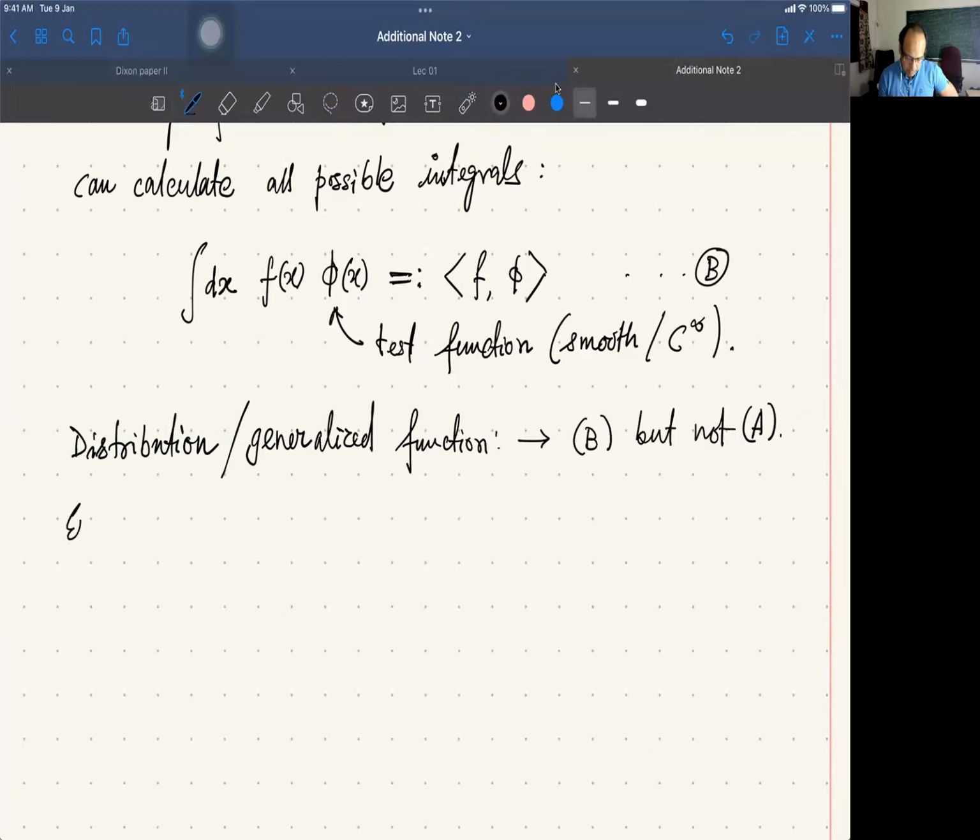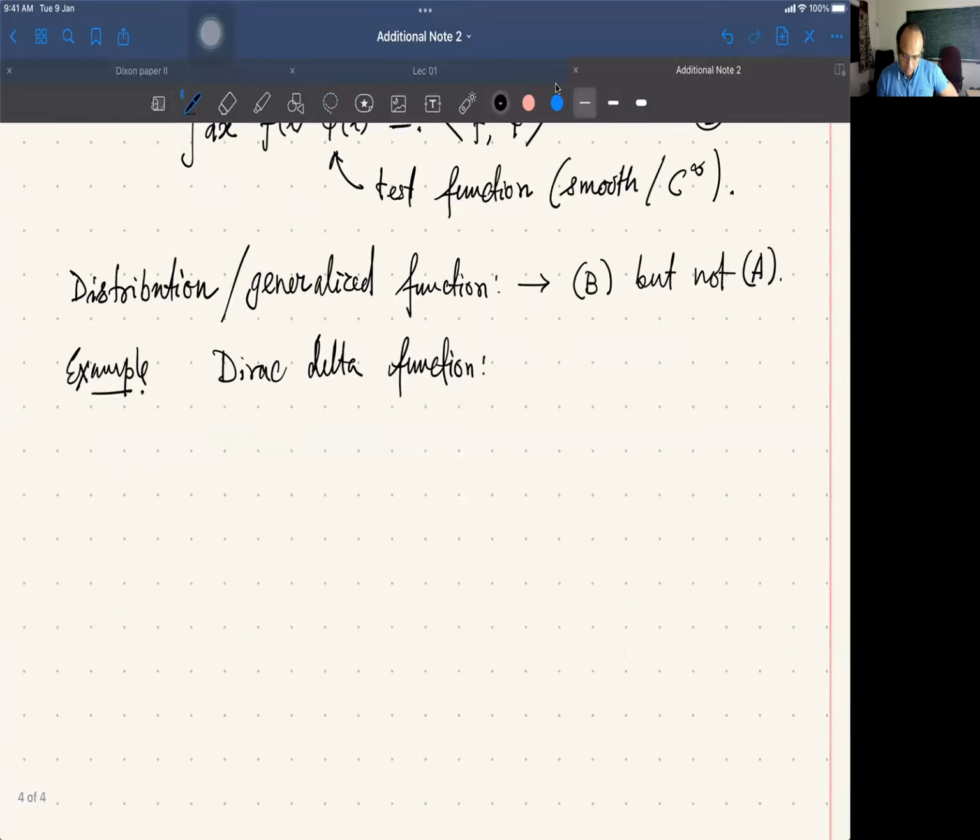So an example is the Dirac delta function, for which the result is given by integral dx f(x) phi(x), sorry, where your f(x) is the Dirac delta function and phi(x), and the result is by definition, by assertion, phi of 0.